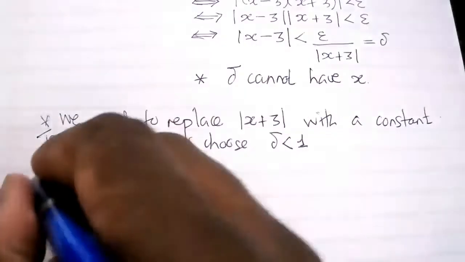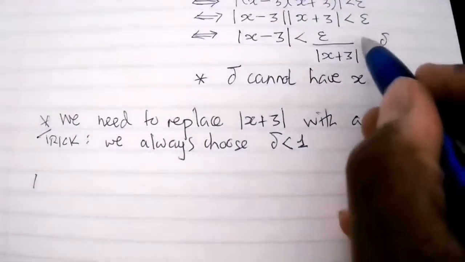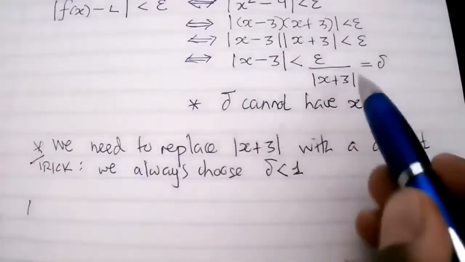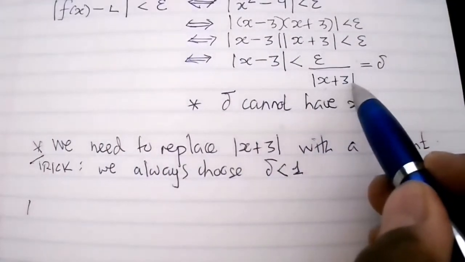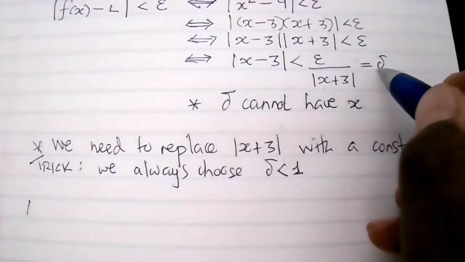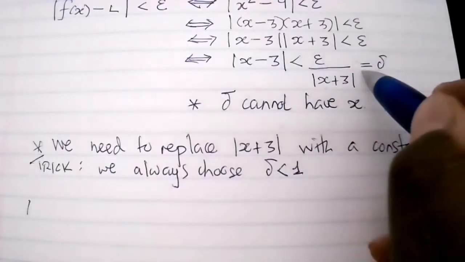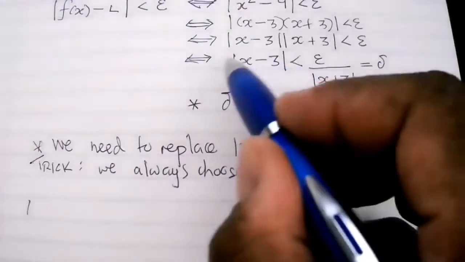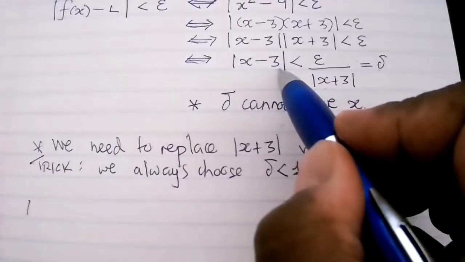Right, so now, since we want our delta to be less than 1, which means even on the left-hand side here, we also want our |x - 3| to be less than 1 as well.